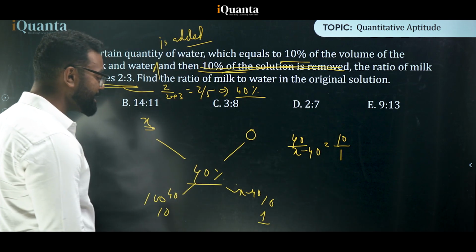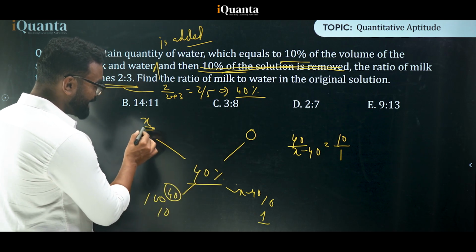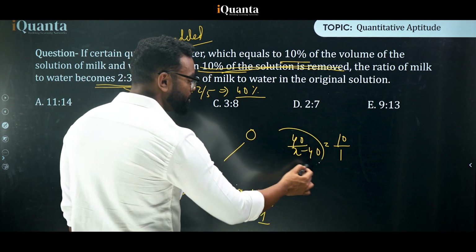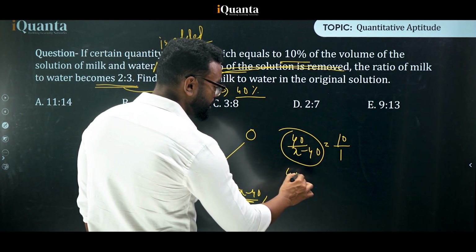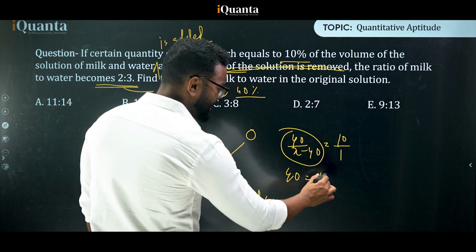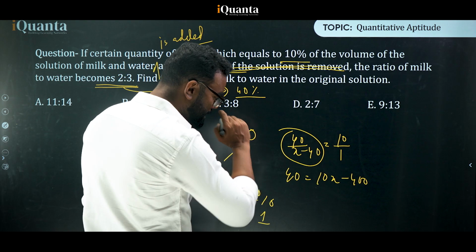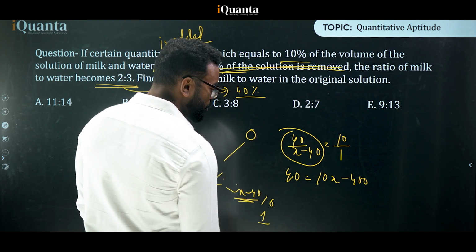This is one kind of thing I can write, because 40 minus 0 is 40, and this is x minus 40. And the ratio has to be 10 by 1. So if I solve this thing, I'll get 40 is equal to 10x minus 400, or I could have directly subtracted this also.